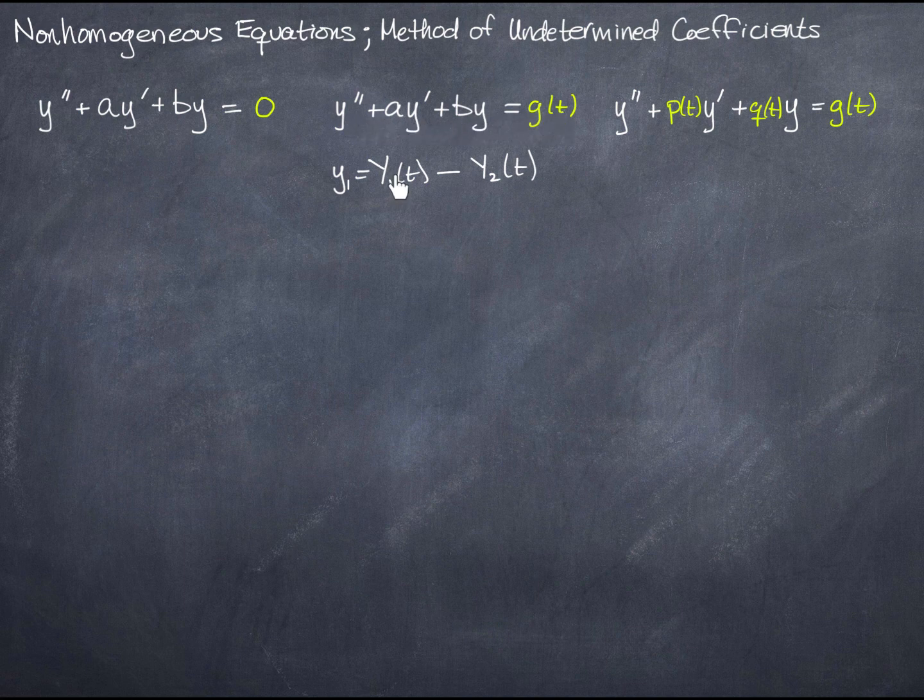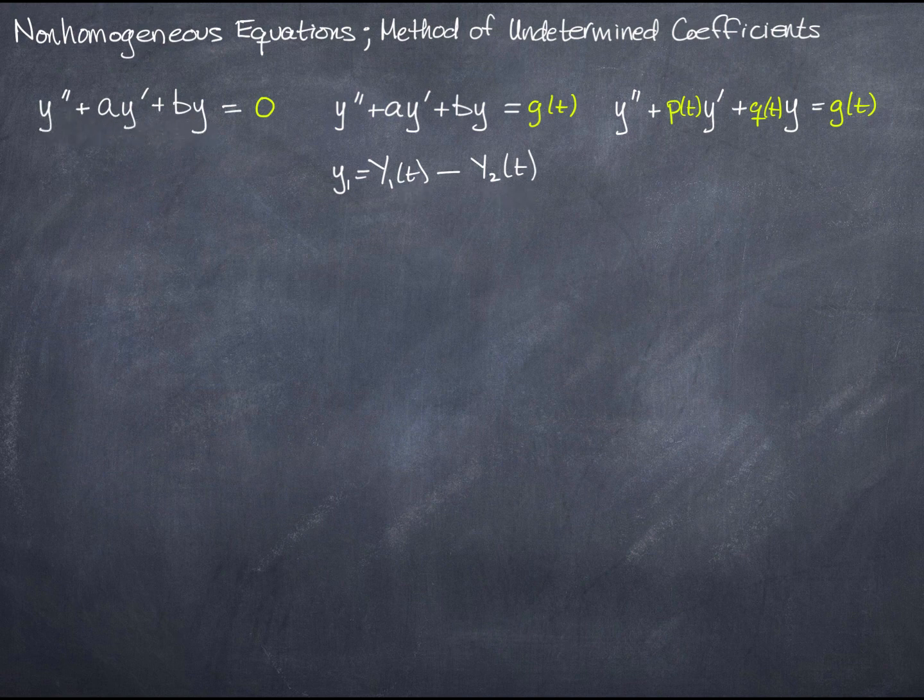So if I plug big Y1 in here, and its derivative here, and its second derivative here, I'm going to get this function g. If I plug big Y2 in, with its derivatives, I'll also get g of t. So my claim is that by subtracting the two solutions, I'm going to end up with zero, and that makes it a solution to this homogeneous differential equation.